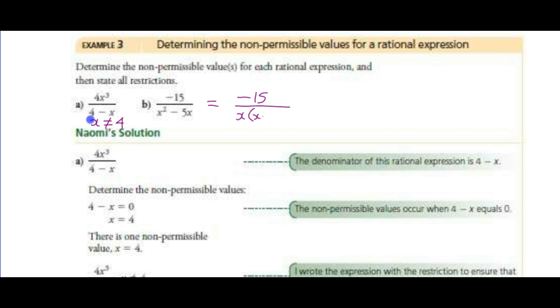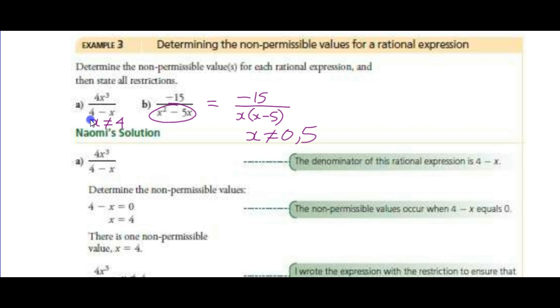So we go x minus 5, right? Check that out. We got x squared minus 5x. So if you have a denominator that's not in factored form, factor it. And now you can say, okay, x can't be 0 or 5. From an unfactored form, that's hard to tell, so we factor it, then we state the restrictions.